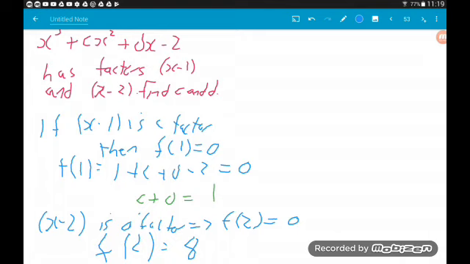Plus c times 2 squared. 2 squared is 4, so plus 4c. Plus d times 2, so plus 2d. And then at the end, minus 2. Now we know that that is equal to 0.